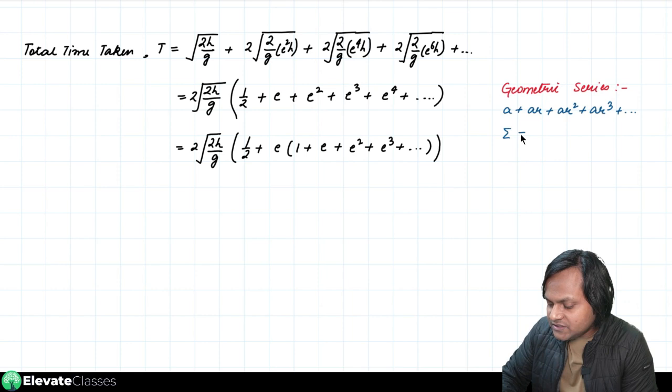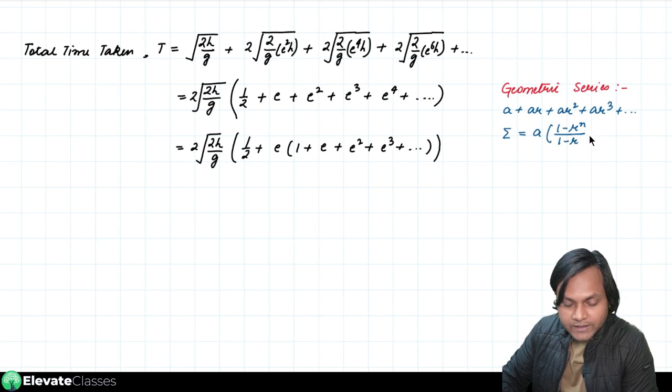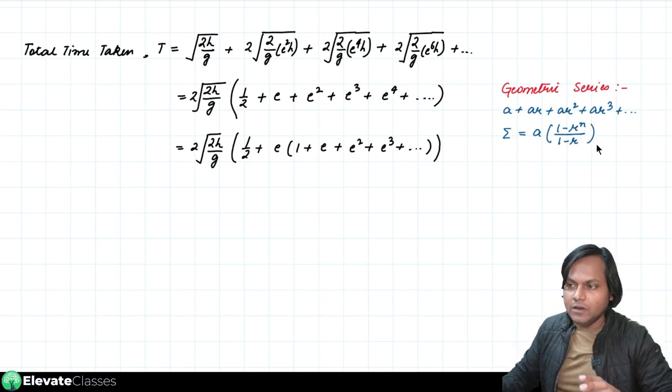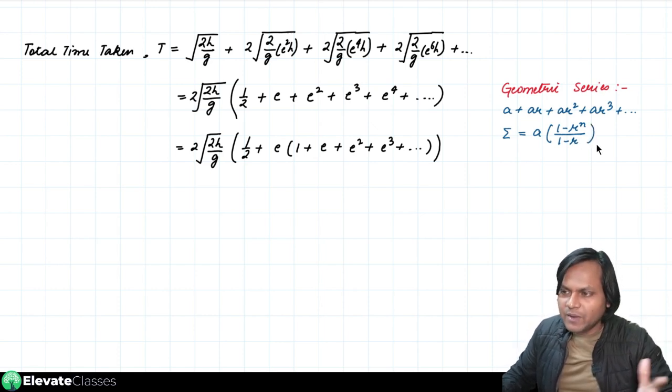And the sum of this series is equal to A times 1 minus R to the power N upon 1 minus R. So this is a very general geometric series where A is some kind of a constant and R is a term whose power increases from 0, 1, 2, 3 in this manner, and the summation is A times 1 minus R to the power N upon 1 minus R.